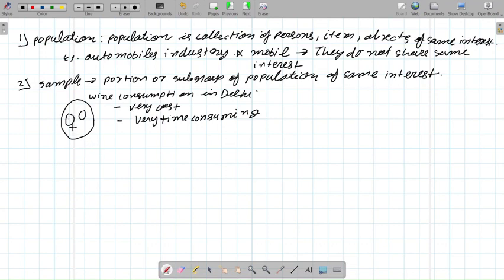So sample one, sample two. This is only an example, okay? We want to conduct a study on wine consumption in Delhi.